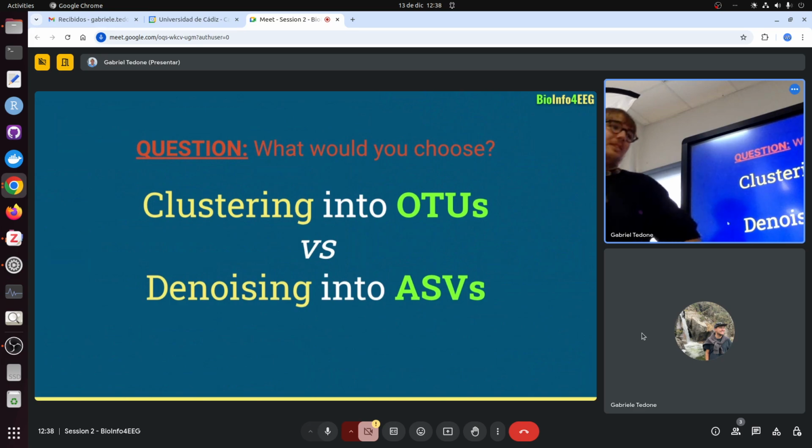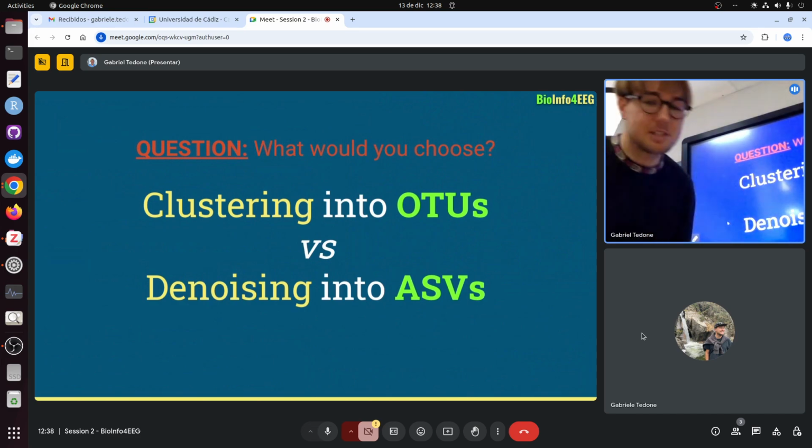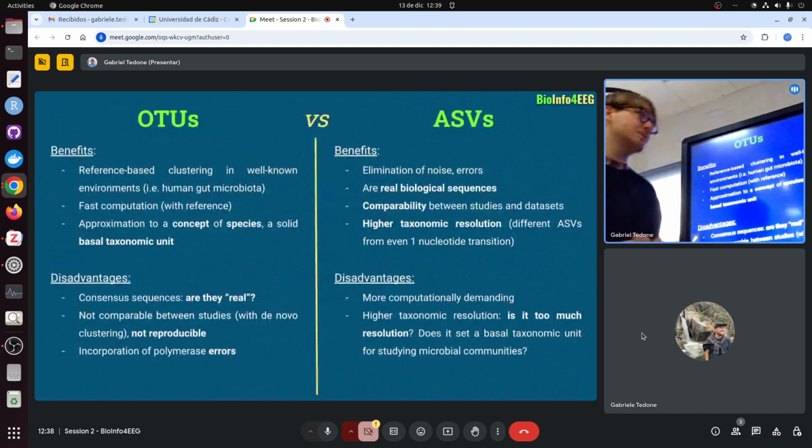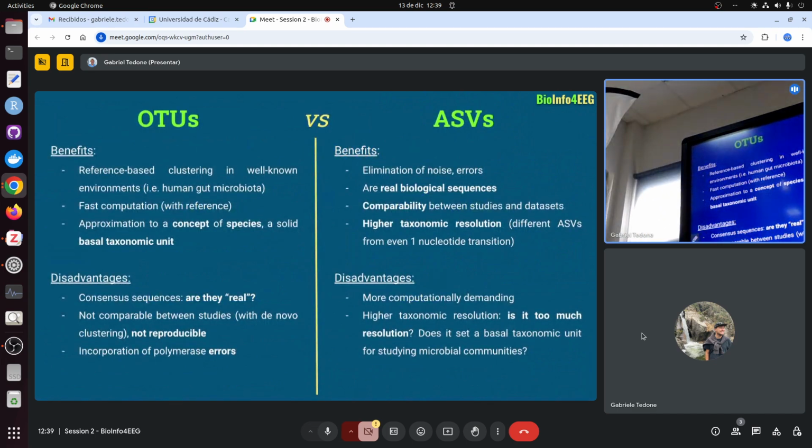I think now, if I had to do all of this again, I would combine both approaches, and we'll see why. And this is really interesting, I think. So here are some resumed differences between OTUs and ASVs. Some advantages of OTUs: reference-based clustering can work really well for well-studied and well-mapped environments like the human gut microbiota.